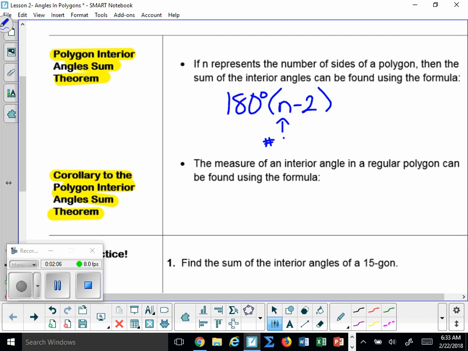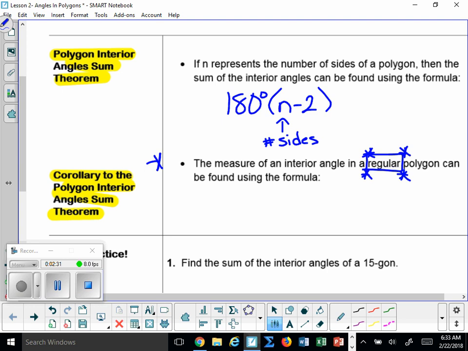N represents the number of sides that the polygon has, and this is true for all of the formulas that we're going to talk about today. This works for any polygon, regular or irregular, doesn't matter. The corollary, however, only works when you have a regular polygon.